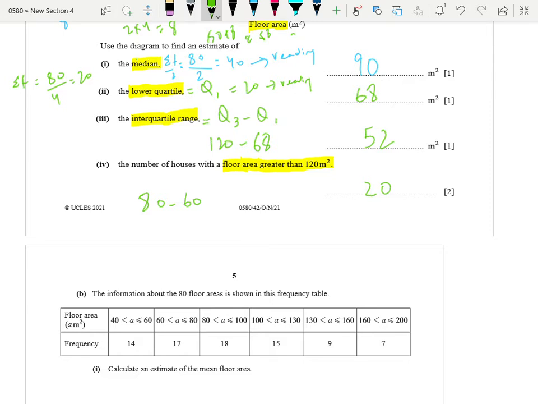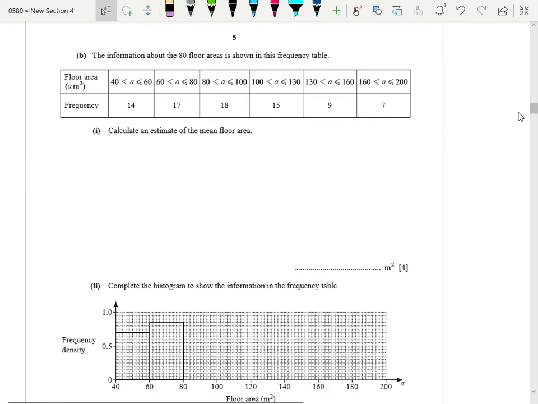Moving to part B, the information about the 80 floor areas is shown in this frequency table. All right, same continuation of the same question, but you see here the floor area is provided in intervals. So you need to find an estimate of the mean.